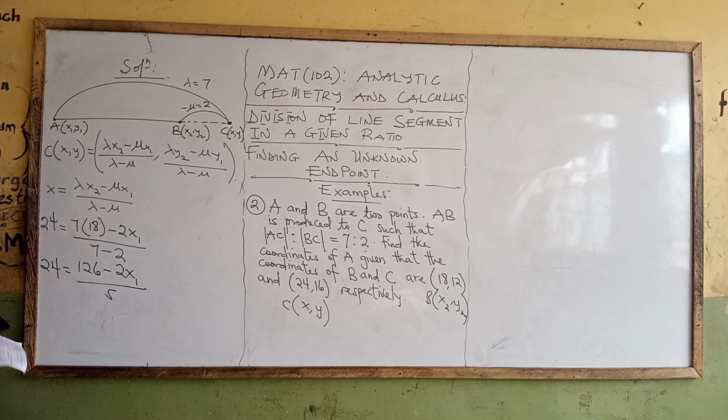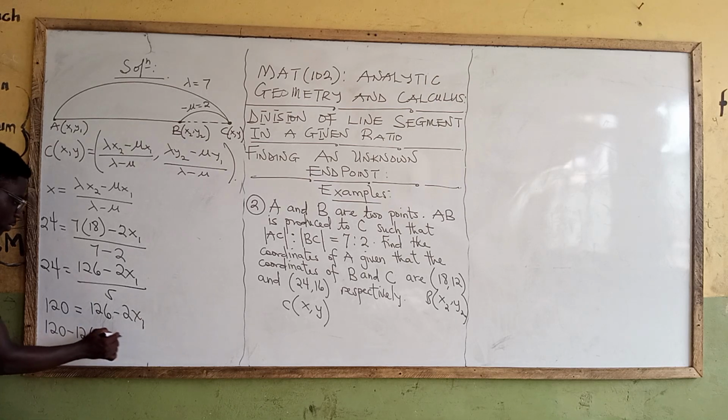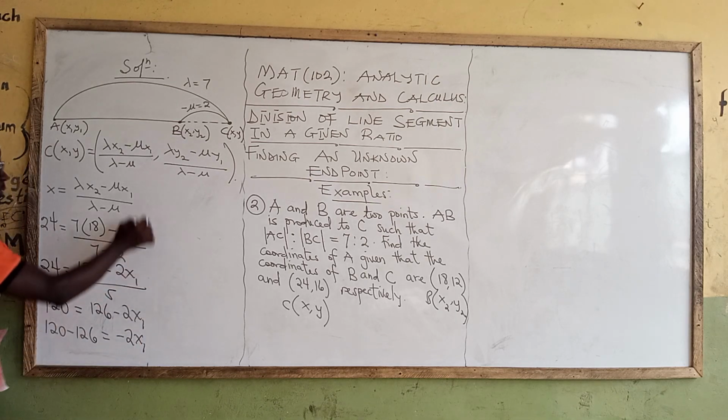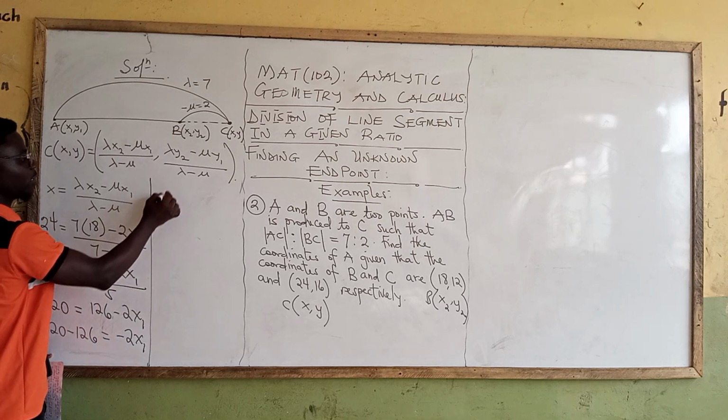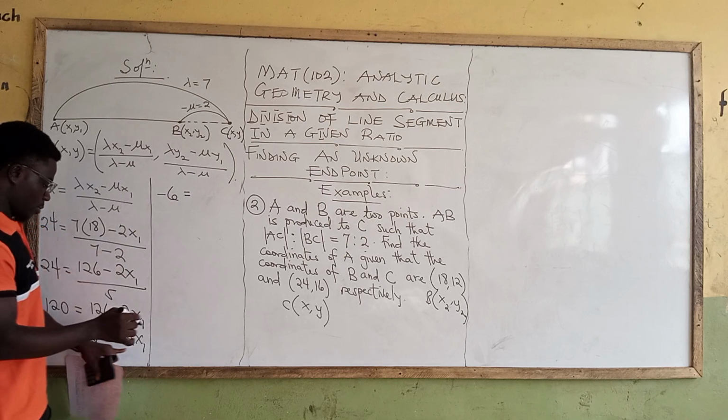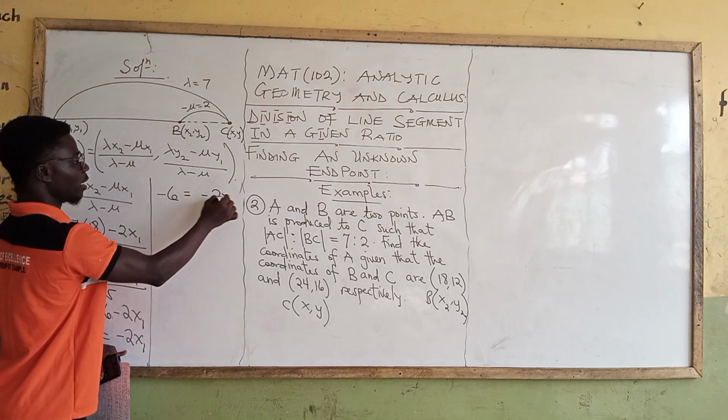So I get my 5 times 24, which we obtain 120 here. So I get my 120, which is equal to 126 minus 2x1. So we group items. So I get 120 minus 126 equals negative 2x1. So we can still proceed and see that 120 minus 126, we get negative 6 equals negative 2x1.